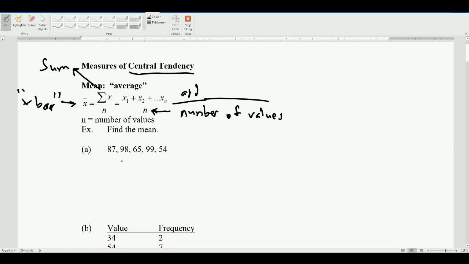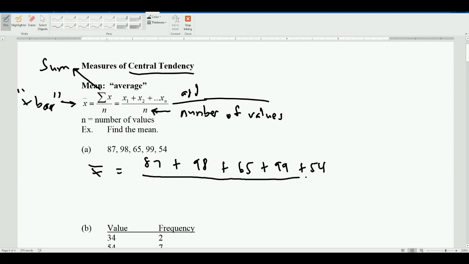So for example, let's find the X bar of this example. So we'll take 87 plus 98 plus 65 plus 99 plus 54. And how many values do we have? 1, 2, 3, 4, 5. So I just divide by 5.